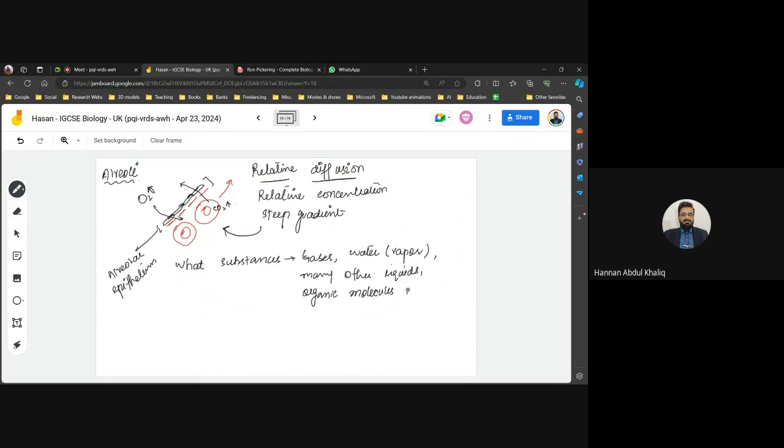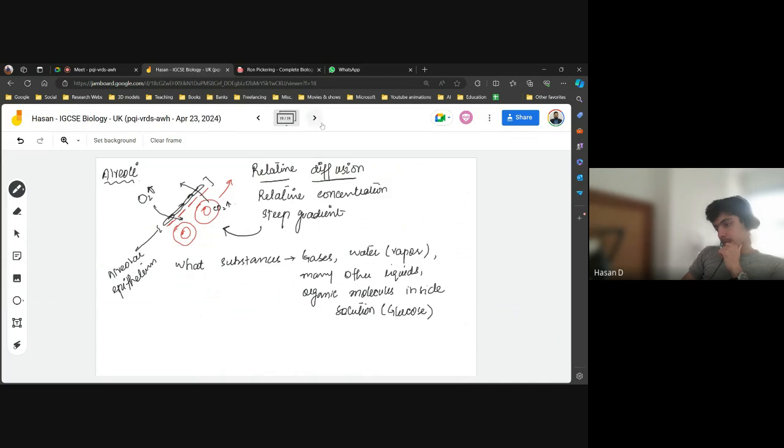All these can perform diffusion. Organic molecules inside solution means, let's say, glucose. The glucose can move through diffusion if it is present inside a solution. Got it?